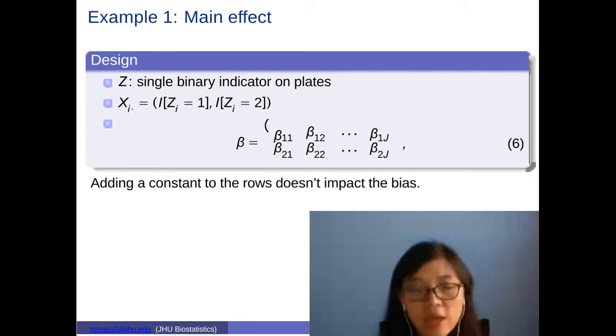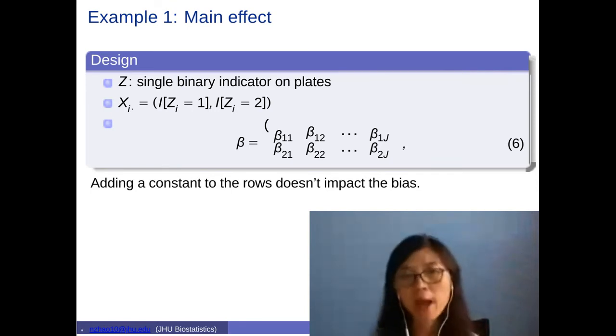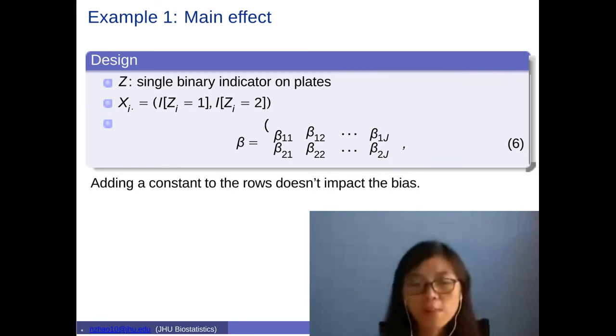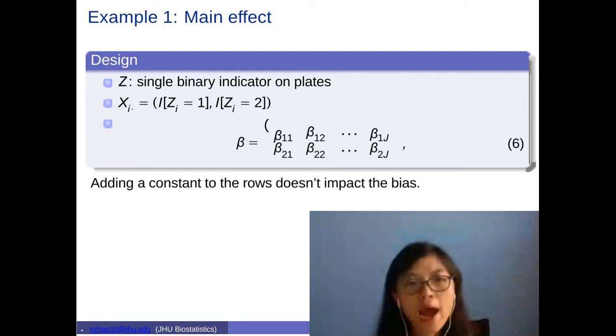What we see is that if we add a constant to a row, meaning that because the bias is multiplicative, we multiply the relative abundances of all species in that sample by a constant, then the relative abundances do not change at all, because once you do the standardization, it disappears. So this is why our model is overly parameterized. You add a constant, and the model fit will be exactly the same.